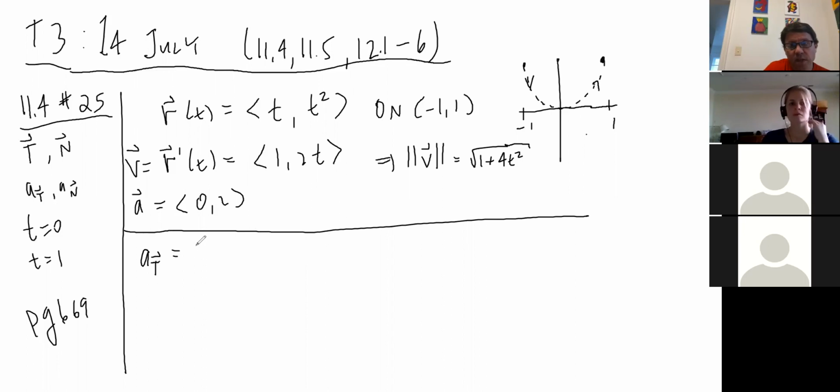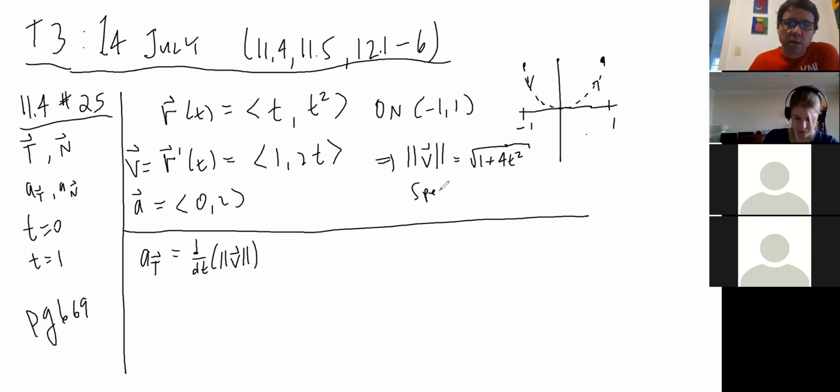So a sub t says you can take the derivative d by dt of whatever this velocity length is, or the speed. So you take the length of velocity, and this will give you speed. So we take the derivative of that, hopefully not too bad, and we will get 4t over the square root of 1 plus 4t squared.